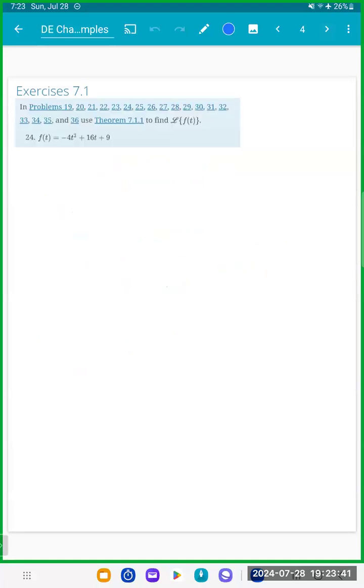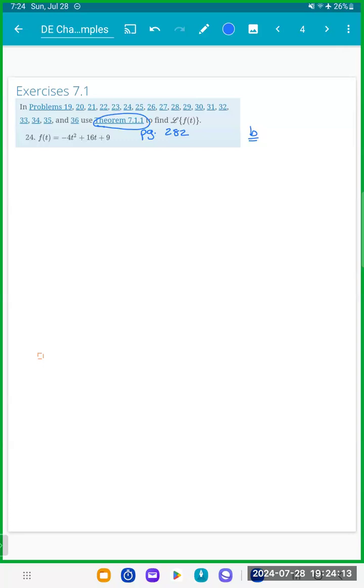Okay, so still in chapter 7.1, but we're moving to a new type of problems. This time, instead of definition 7.1.1, we're going to use theorem 7.1.1, and you can find that in your textbook on page 282. For this particular problem, we're actually going to use rule B, as in boy. So we're going to use the second rule there.